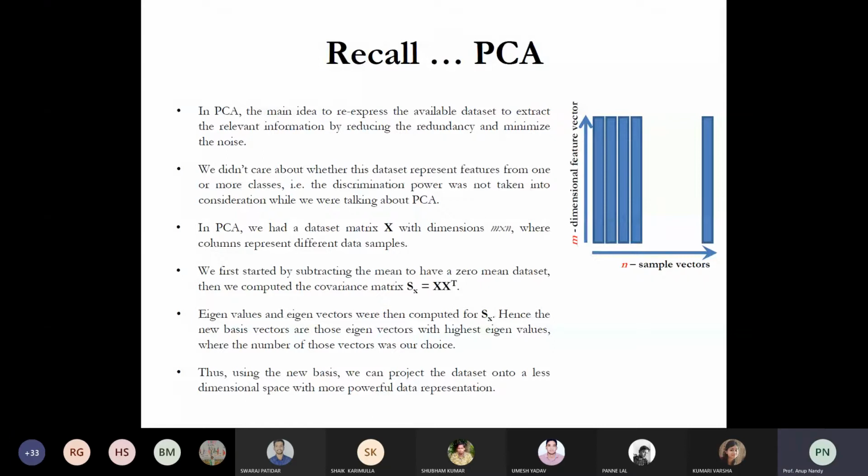The basis vectors are those eigenvectors having the highest eigenvalues, and the number of those vectors is our choice. Using this new basis, you can project the data set onto a lower dimensional space with a more powerful data representation, as we have already seen.